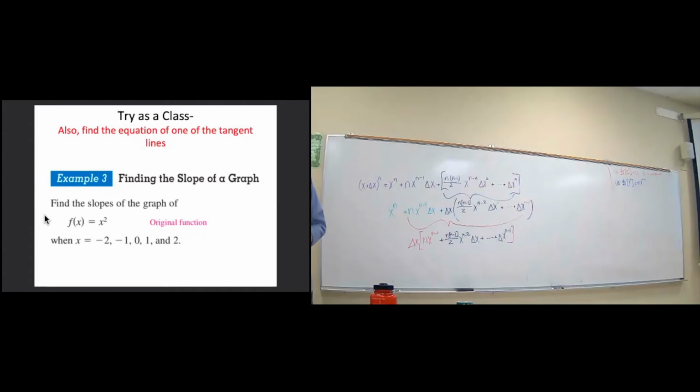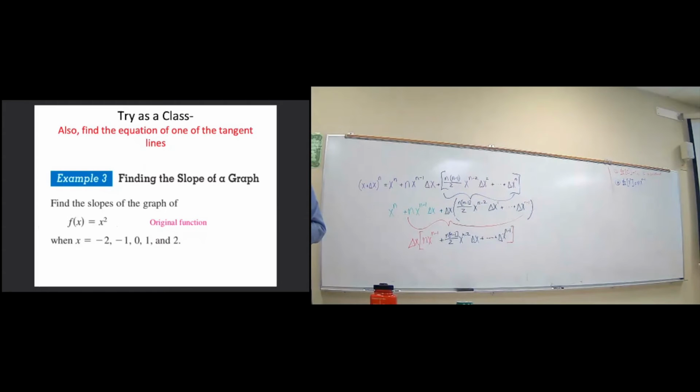So if we now wanted to find the slopes for f of x equal to x squared at x is equal to -2, -1, 0, 1, and 2, just apply the power rule here and plug in x is equal to -2, x is equal to -1, x is equal to 0, 1, and 2.